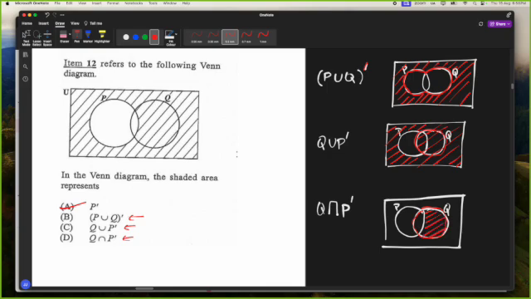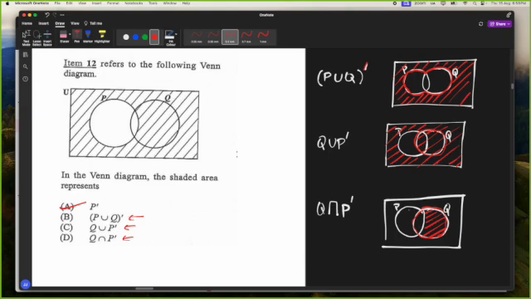This section here contains Q as well, all of the things in Q, but also all of the things outside of P, right? This is all of the things outside of P, and what they have in common, I should say.